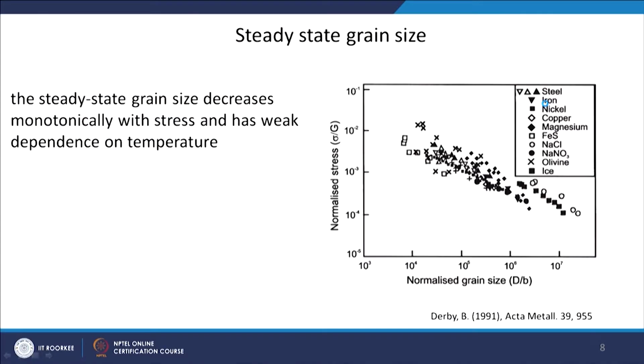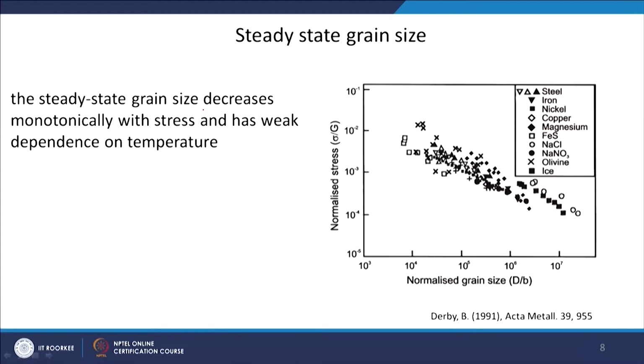Now, since the recrystallization is taking place, of course, it will also affect the grain size of the material. If you want to measure the steady state grain size, meaning after the recrystallization the steady state which is taking place, that decreases monotonically with stress and has a weak dependence on temperature.